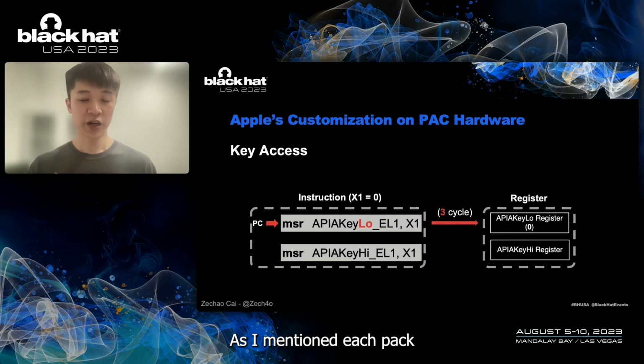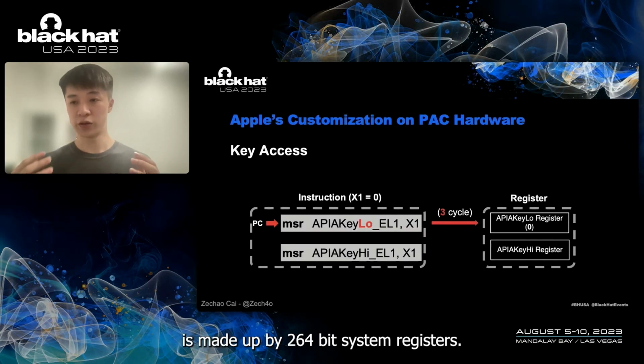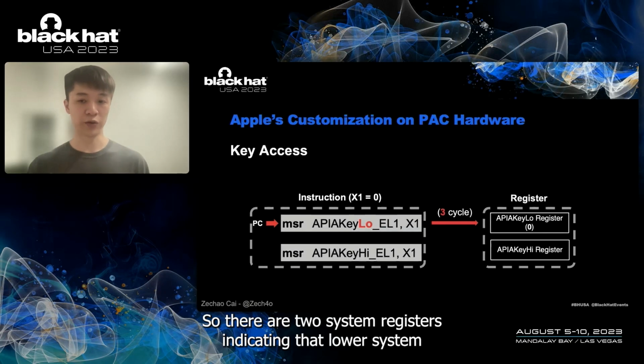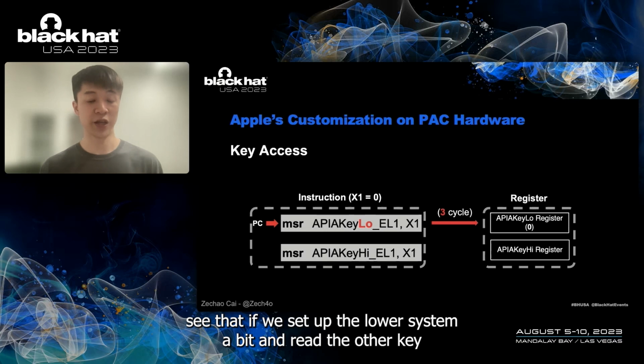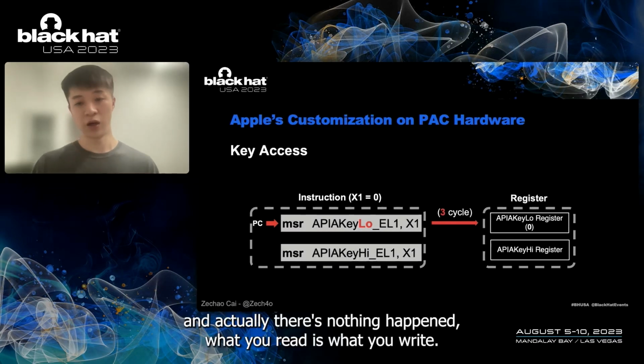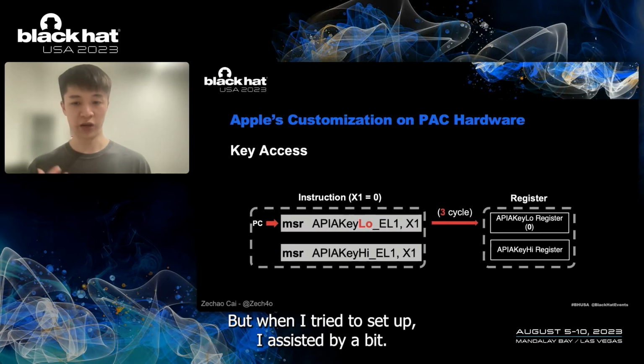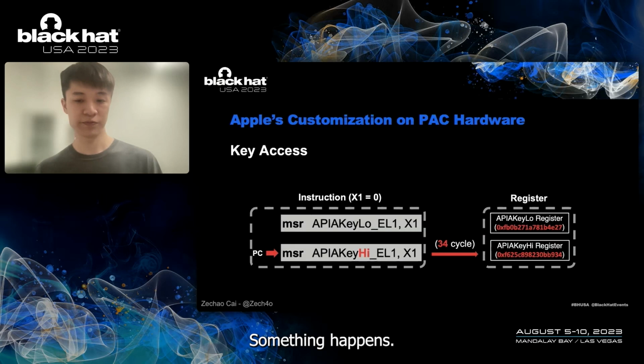As I mentioned, each PAC key is made up of two 64-bit system registers. So there are two system registers holding the lower 64 bits and higher 64 bits of the PAC key. Here we can see that if we set up the lower 64 bits and read out the key, nothing happens. What you read is what you write. But when I try to set up the higher 64 bits, something happens.